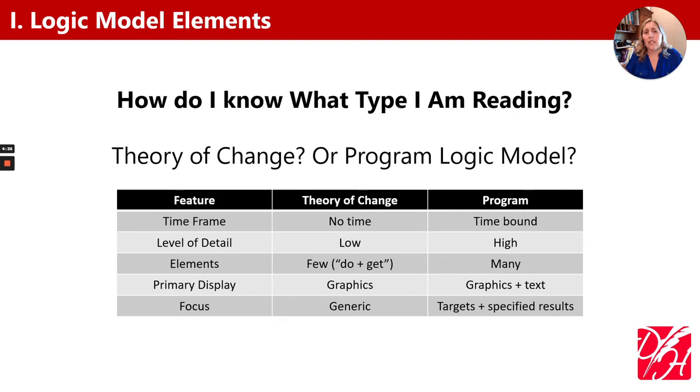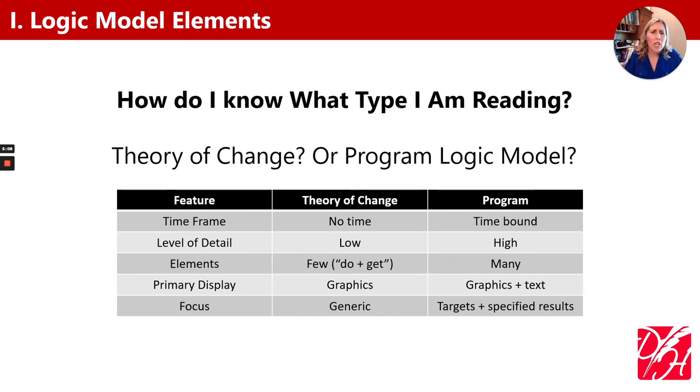If we see that the logic model we're reviewing has a very small number of elements in it. In fact, if we see language like if we do this, we get that, we are likely reading a theory of change logic model. Whereas if there are many elements, I'm going to show you some of the basic headings, but if there's the specific core elements with lots of details and information under it, we're reading a program logic model.